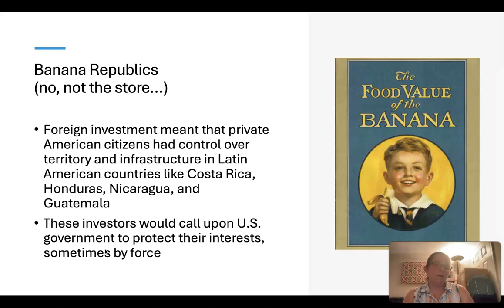A banana republic is a pejorative term for a small country that is politically unstable, that is dependent upon limited agriculture, that tends to be ruled by a small, wealthy, corrupt oligarchy, and that gets economically exploited by foreign interests. This term was actually coined by an American author, the author O. Henry, in 1904.